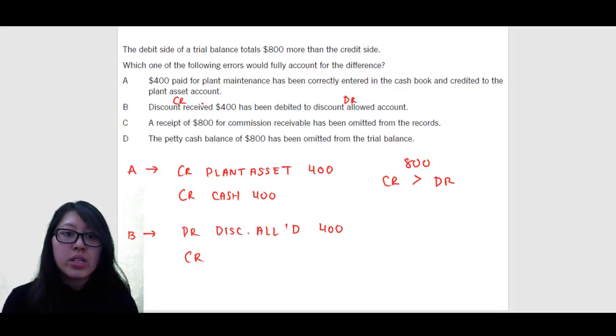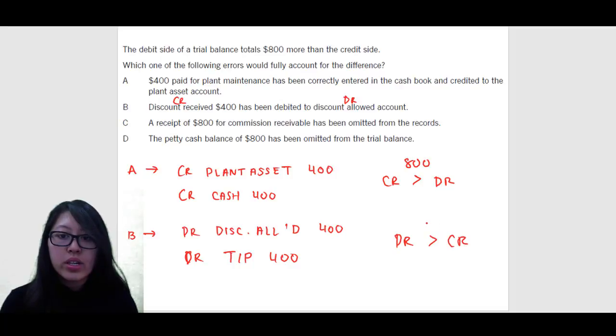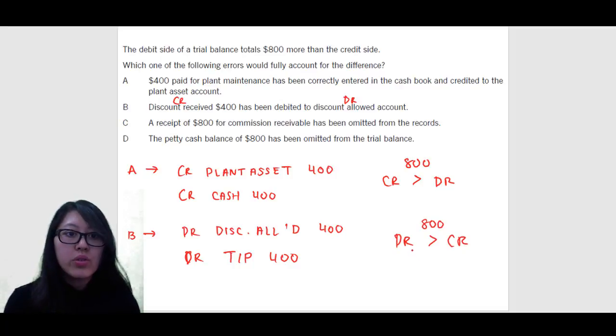So this should be credit discount received, debit trade payables. So there is no credit entry actually, because the other entry would have been debiting trade payables by 400. So if this was the error that was done, this does cause the debits to be greater than the credits. So we figured out that B is a potential answer.